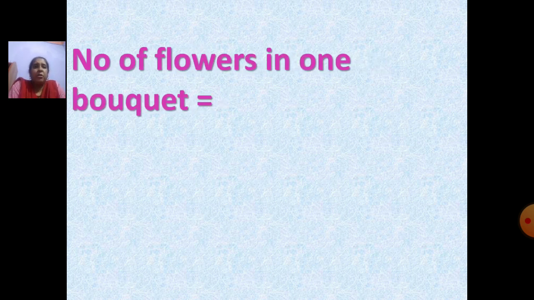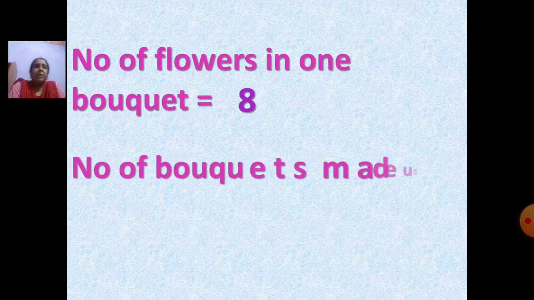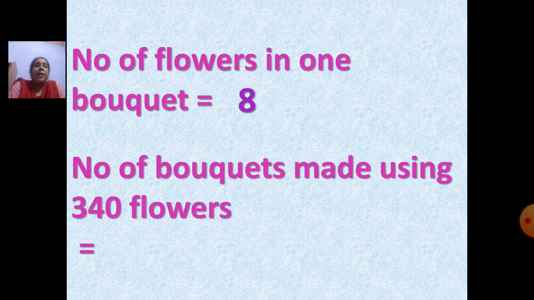Now, what is the number of flowers in one bouquet? How many flowers are there in one bouquet? Yes, 8. Now, you will write the second statement. Number of bouquets made using how many flowers?